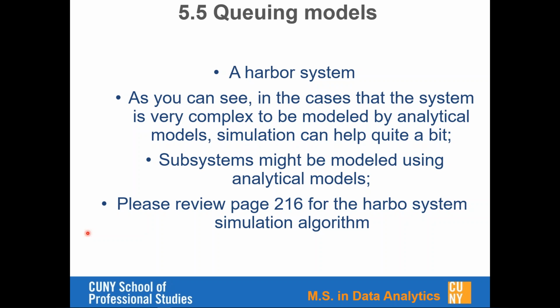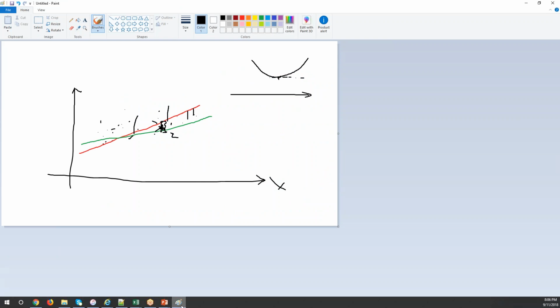The M means that the interarrival time is exponential, and the arrival process is Poisson, and then the service time it takes is also exponential, and the service process is also a Poisson process. So that is M/M, and the third one is the number of servers.